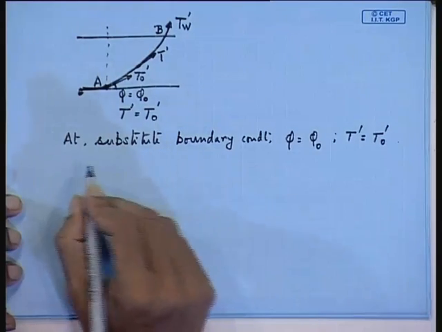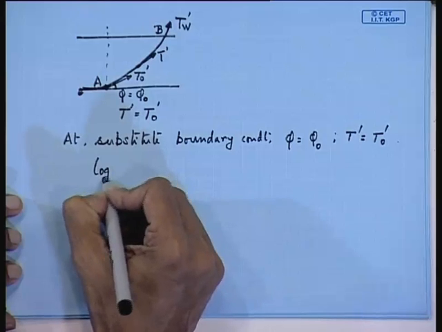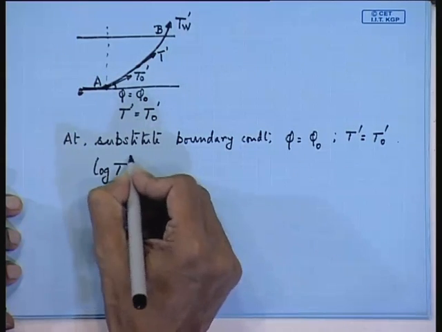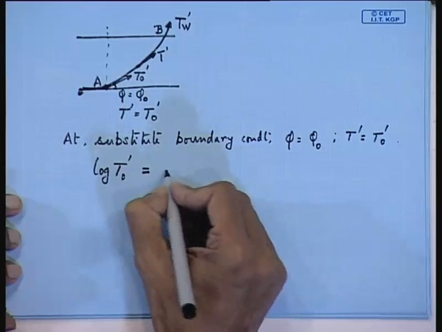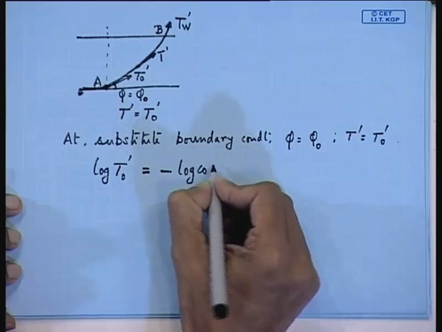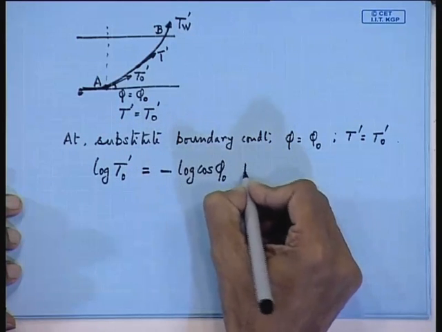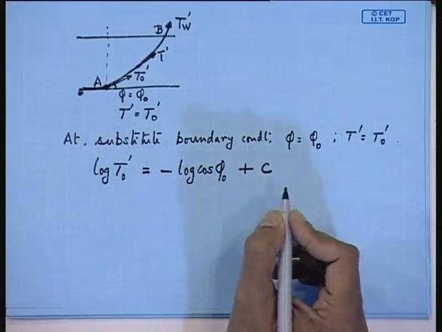Then what happens to this equation? Log T' naught equals minus log cos phi naught plus C, so we have to calculate the value of C. You can get your C value if you know T naught and phi naught.